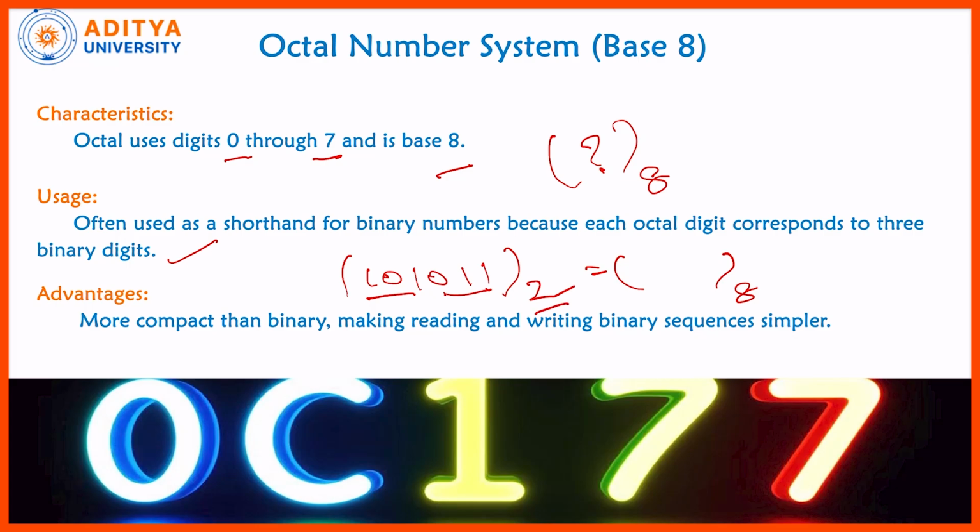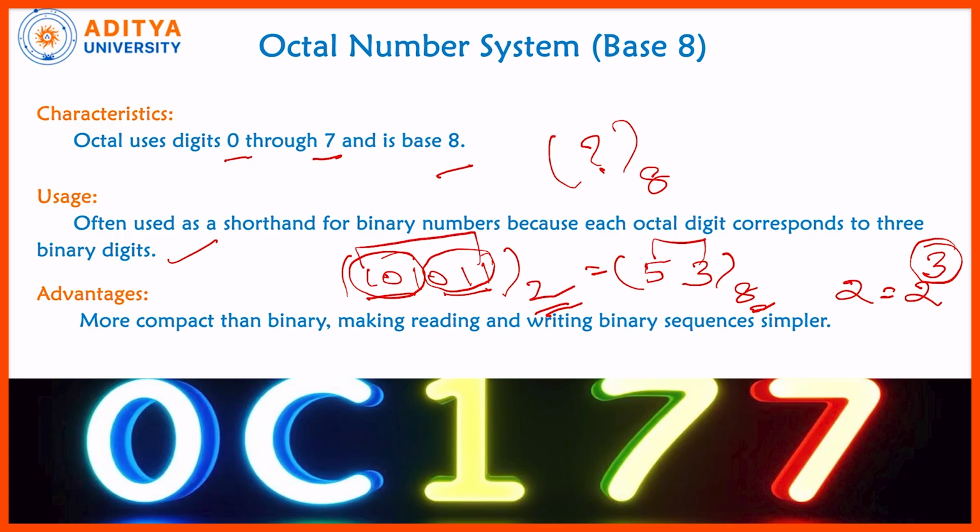Here 2 is the base, here 8 is the base. We can equate 8 to 2 to the power of 3. That means we can group 3 bits. So this is 3 bits, this is 3 bits. That means 011, that is 3 in binary, and 101, that is 5 in binary. So no need to remember all 6 bits, we can remember 5 3. Likewise we can simplify binary into the octal number system.